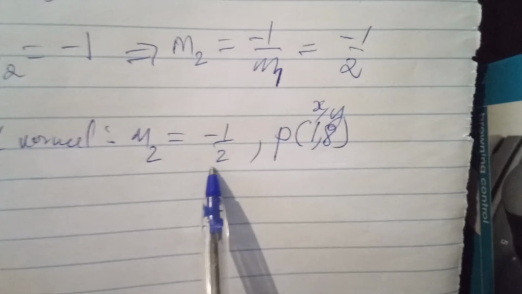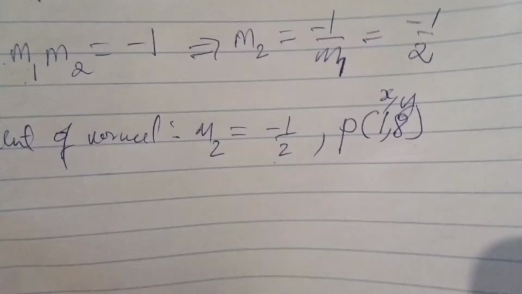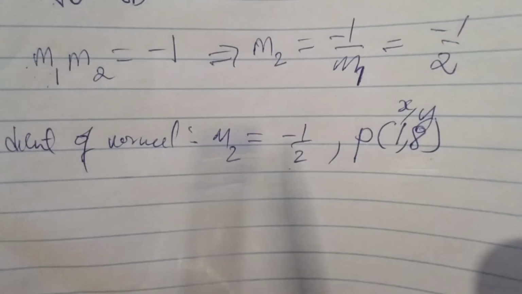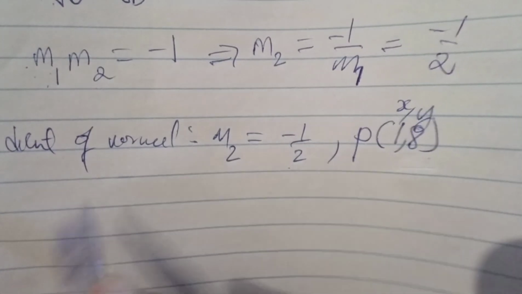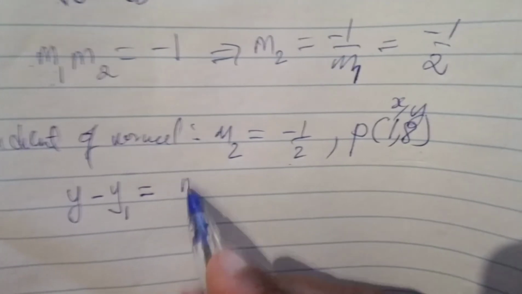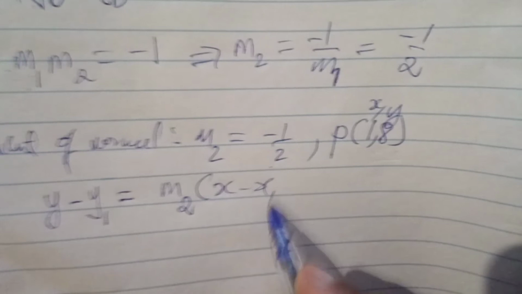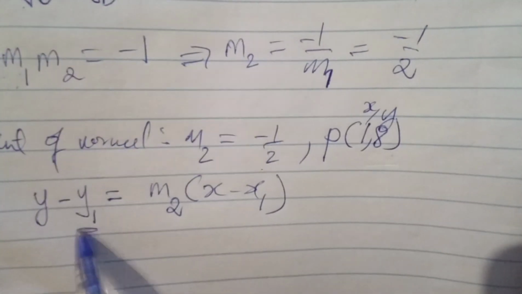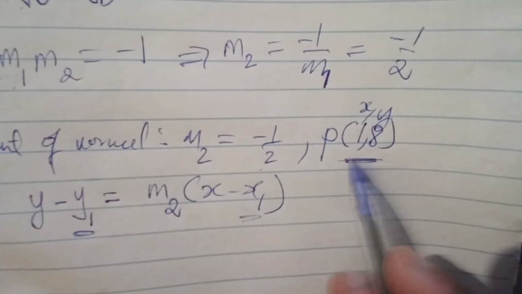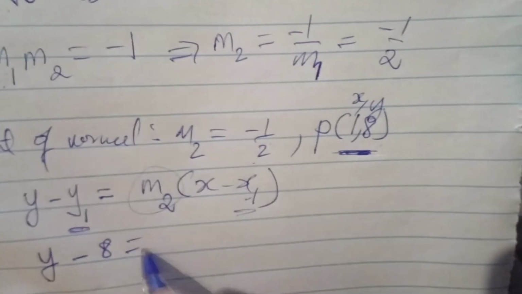Having a gradient and a point, you can find the equation of the normal. You use this relation: y minus y1 equals m times x minus x1. We'll use these points, where we put 8 for y1 and 1 for x1. So it will be y minus 8, and remember the gradient is negative 1/2.